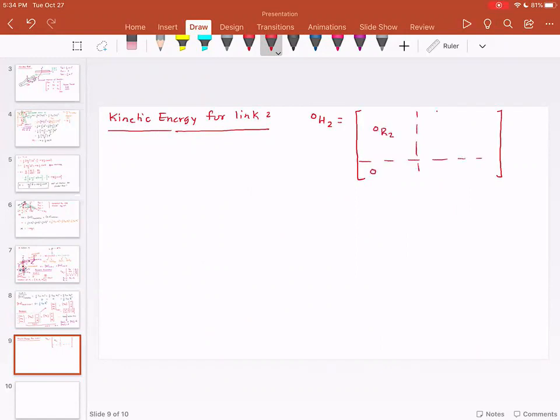It will have 0, 0, 0, and 1. I'm going to write this expression here and discuss it in just a second. The expression is a2 cosine theta 2 cosine theta 1, a2 cosine theta 2 sine theta 1, and a1 plus a2 sine theta 2.